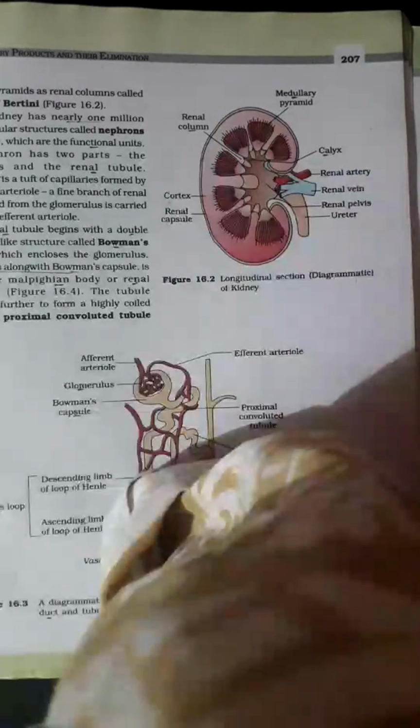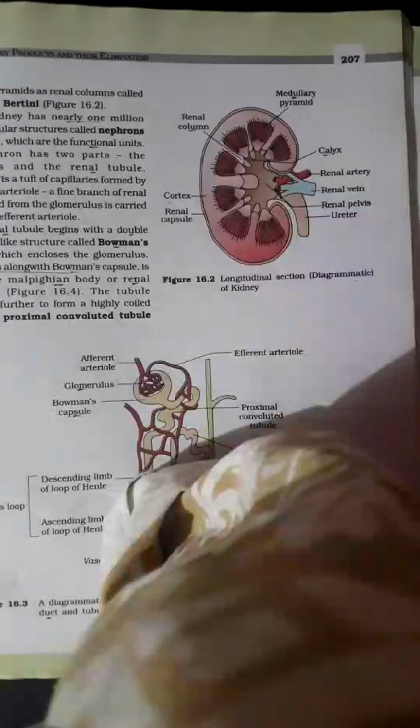See in diagram 18.16.2 these medullary pyramids. And we have seen the columns of Bertini. This is the cortex that extends in between these medullary pyramids as renal columns.